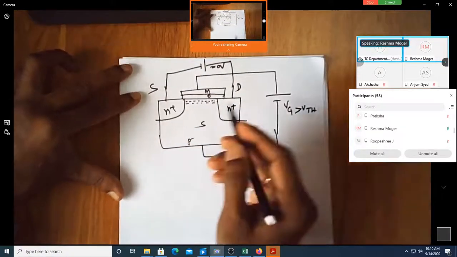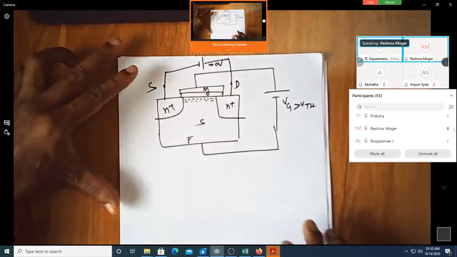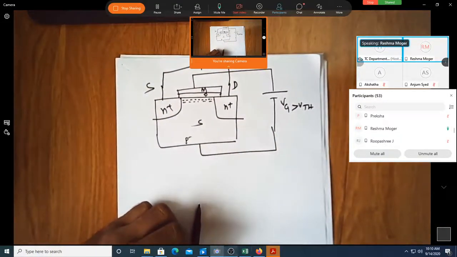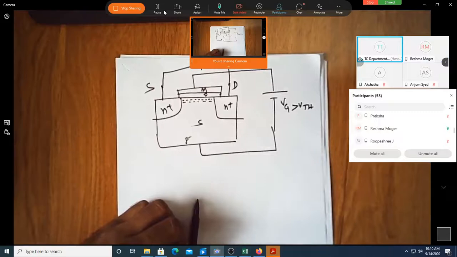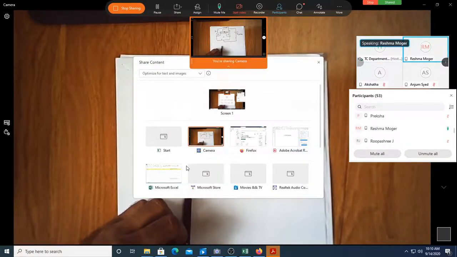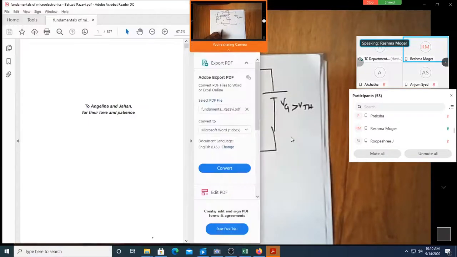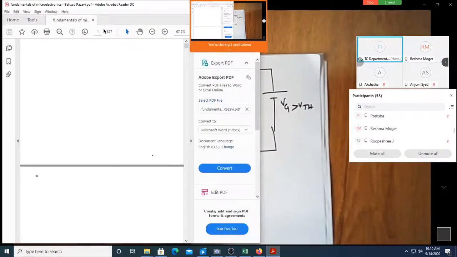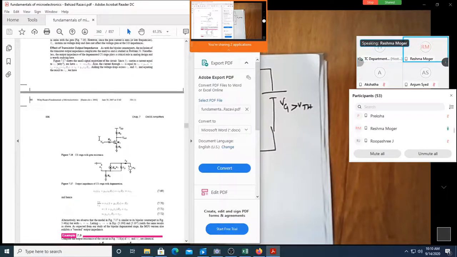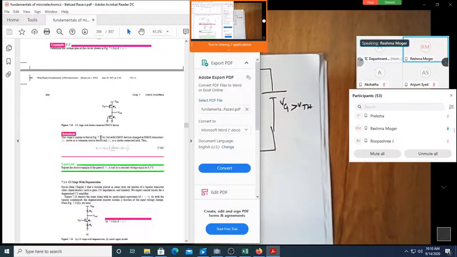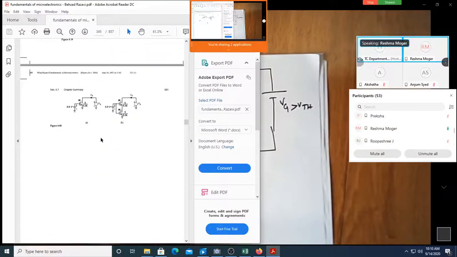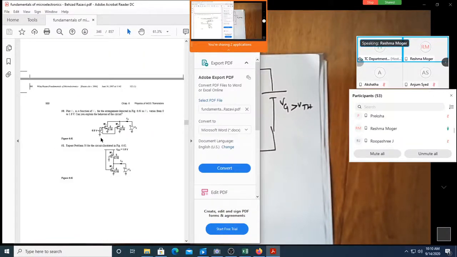Now, if you can see in that video, let me also share the PDF of the textbook. Where is that? What is the page number? Anybody can remember? 360. Let me just go to that. MOSFET amplifiers.